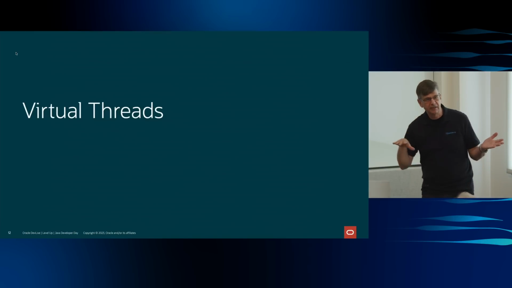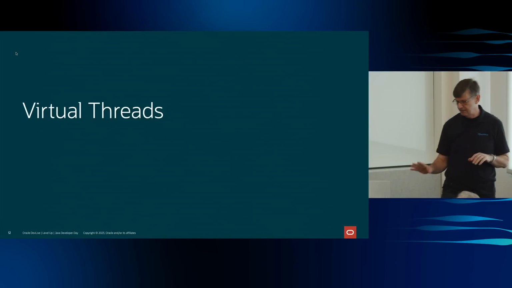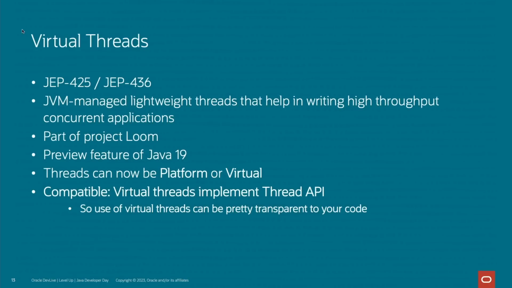Okay, we're going to shift gears a little and talk some about virtual threads. I'm just curious, how many of you are familiar with virtual threads or have used them? Oh, great. Okay, so some of you. All right, so JEP 425 is for Java 19, JEP 436 for Java 20.